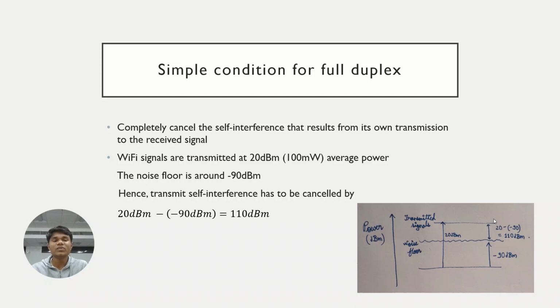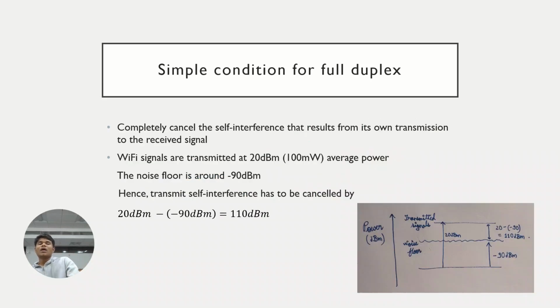Now we need to bring the self interference to the noise floor level. So we need to have a cancellation of 20 minus of minus 90, that is 110 dB. This much is the self interference, so bring this to noise floor level, because anyways we cannot receive anything below the noise floor, so just cancel it up to the noise floor level.